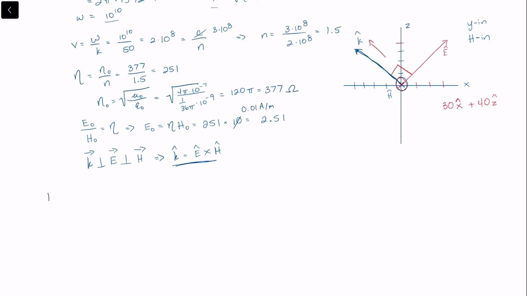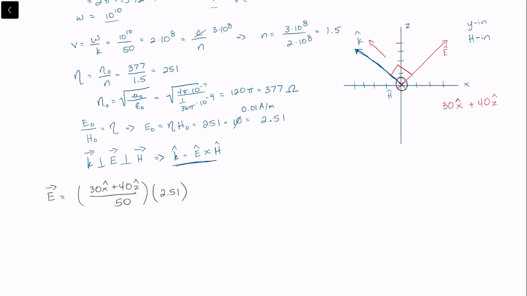The equation for the electric field is in the 30 x hat plus 40 z hat direction that we just found. We divide that by the K value, which was 50. We multiply by the magnitude of the electric field, which we found was 2.51.